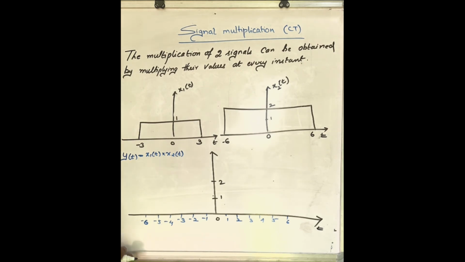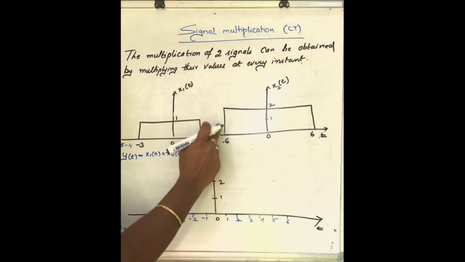Now let's start multiplying the amplitudes of the two signals. At t is equal to minus 6, let's see what the amplitudes are. Here it is 0, whereas here it is 2.